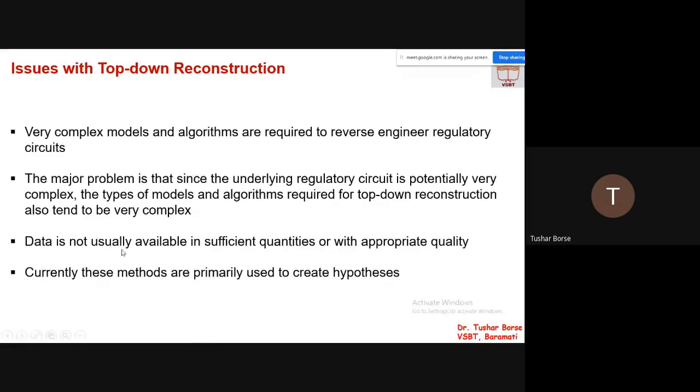Currently, whatever information or knowledge we have is a type of hypothesis which we have generated, and we are still working on that hypothesis. We are still trying to get some accurate information so that we can develop an actual network for the regulation of these different metabolic pathways.